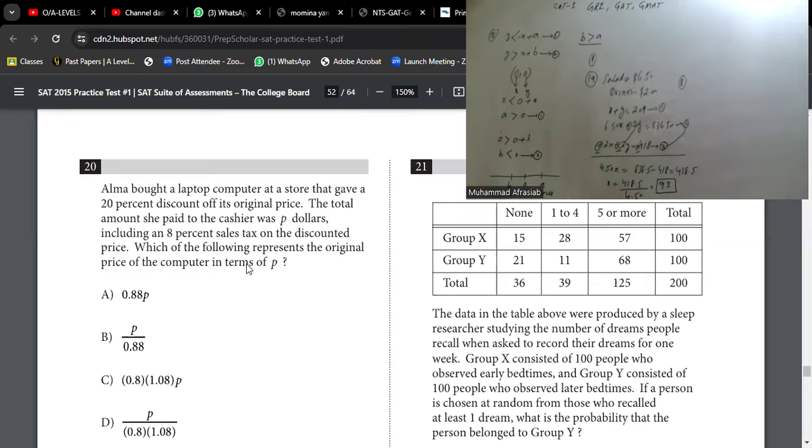Which of the following represents the original price of this computer in terms of P? Let the original cost of the laptop be x dollars. Question number 20. Total cost initially is x dollars.